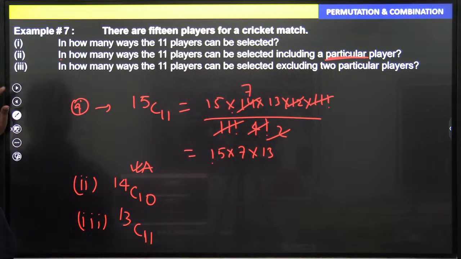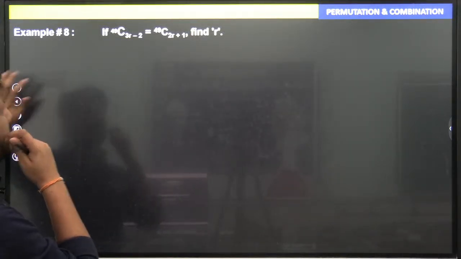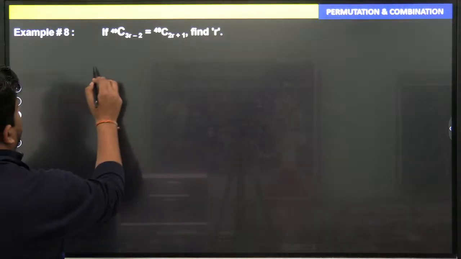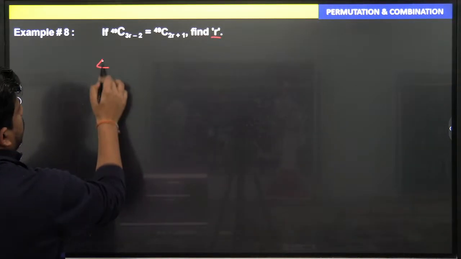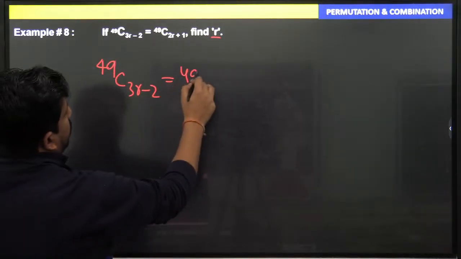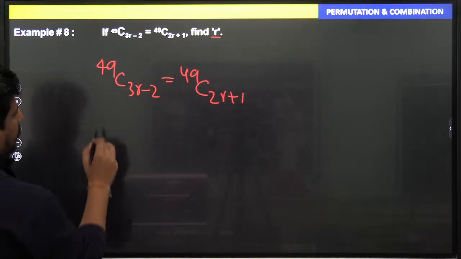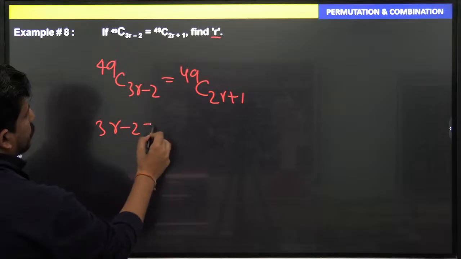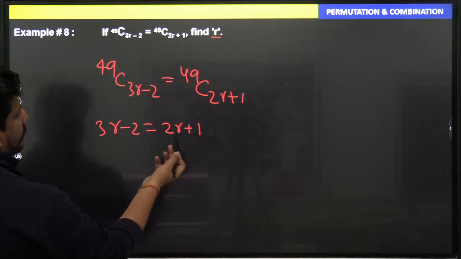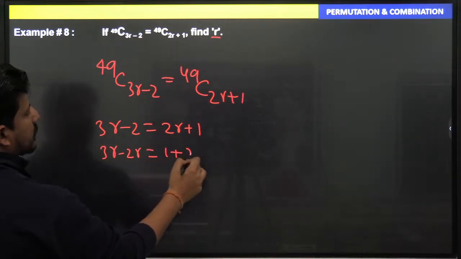So now you can see this problem. This is a basic problem; you can solve it quickly. Here they have given: find the value of r, where 49C(3r minus 2) is the same as 49C(2r plus 1). One thing I already told you: 3r minus 2 is the same as 2r plus 1. So 2 goes to this side and 2r comes to this side. So 3r minus 2r is equal to 1 plus 2.